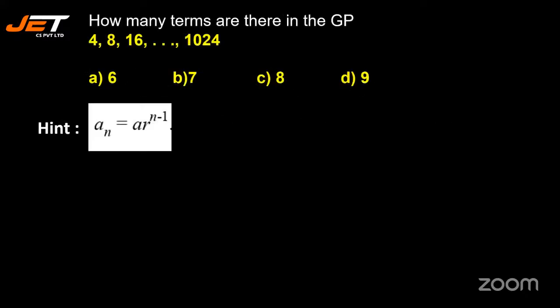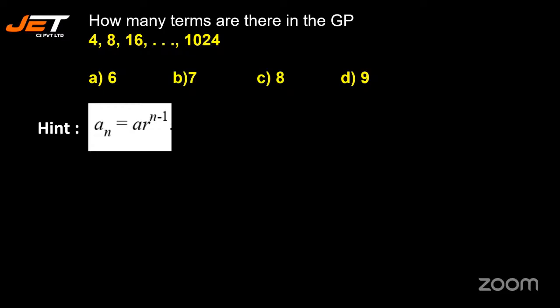So now let's see the first sum. How many terms are there in the GP? 4, 8, 16, and so on till 1024. So here you can use the nth term formula. an is equal to a r to the power n minus 1. So what is a?